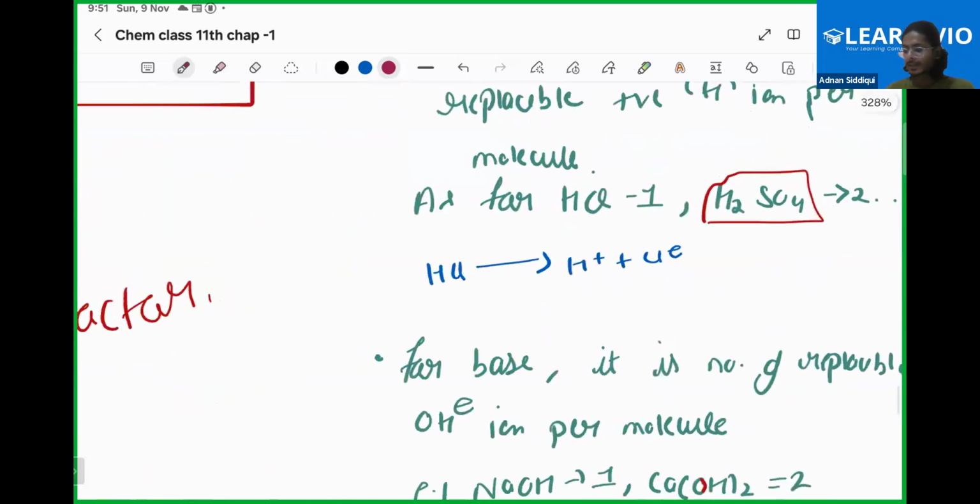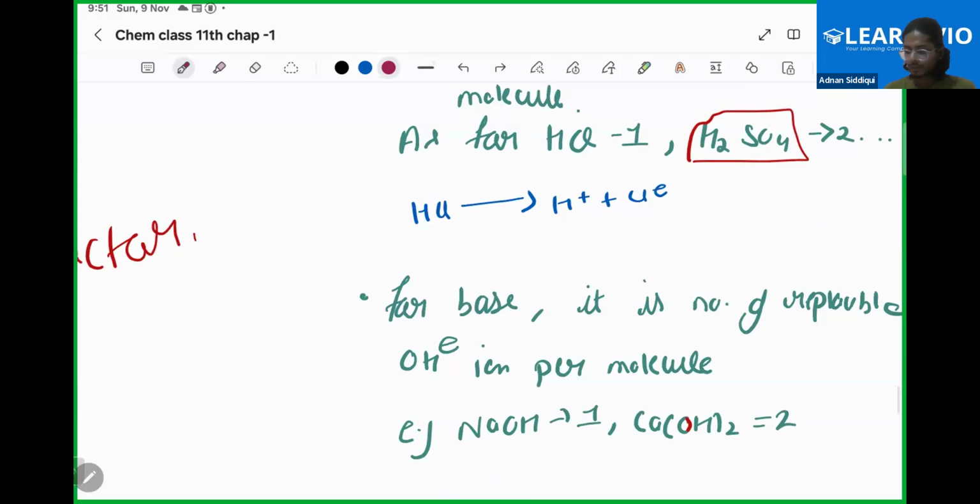If I'm talking about HCl, how many H positive am I producing? One. But if I'm talking about H2SO4, I am producing two hydrogens, two H positive, right? So for this acidic reaction of HCl, the n value is going to be 1. For H2SO4, it is going to be 2.